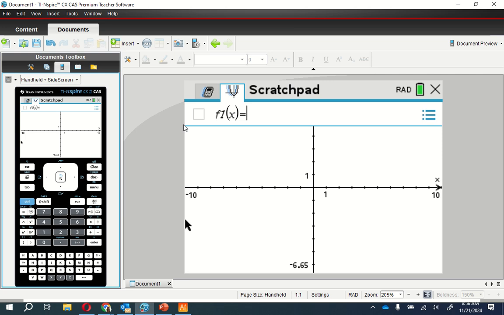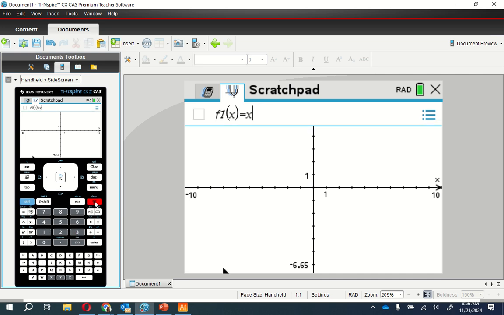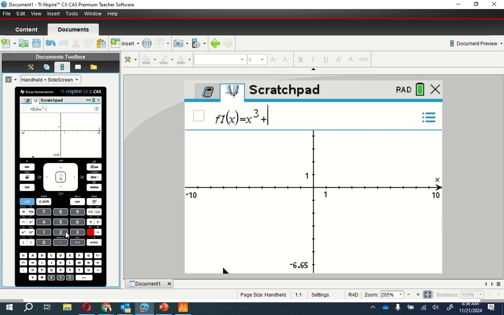We knew that the y value was something. Oh, I kind of remember it. So it was like x squared or x cubed. Yeah, it was x cubed. That's what the problem was. Plus 2x. Something like this.